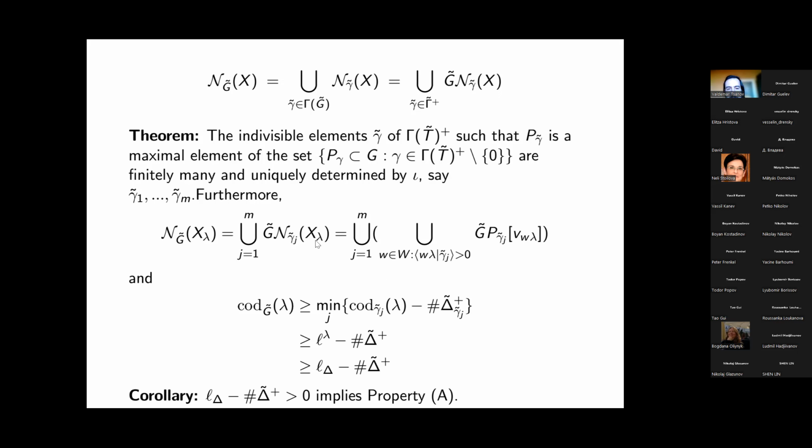And for each of them, this null cone is a union of parabolic orbits.